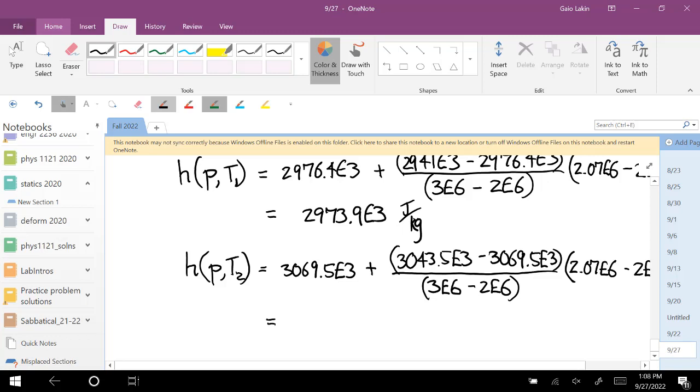And for that one, you get 3067.7 times 10 to the third joules per kilogram.